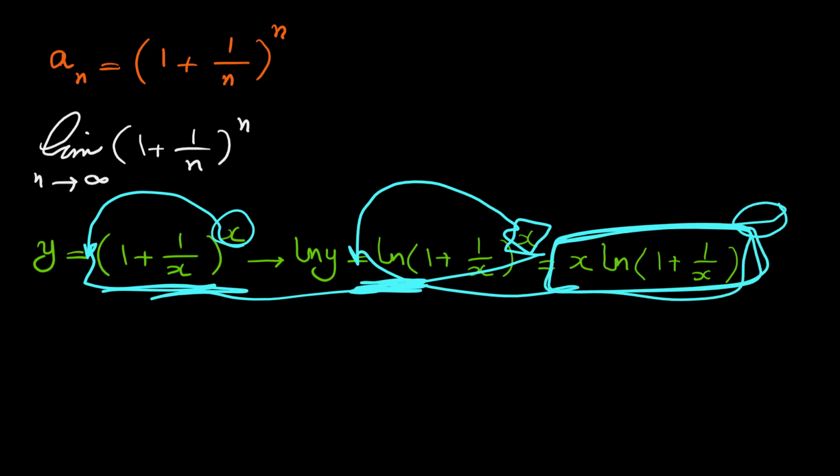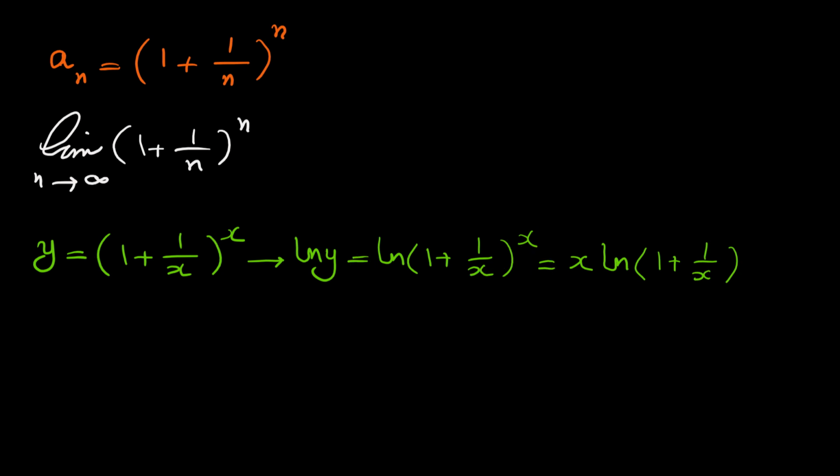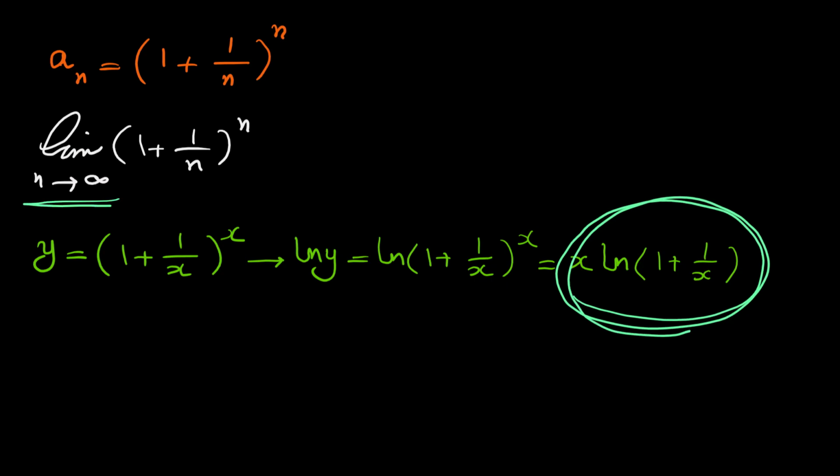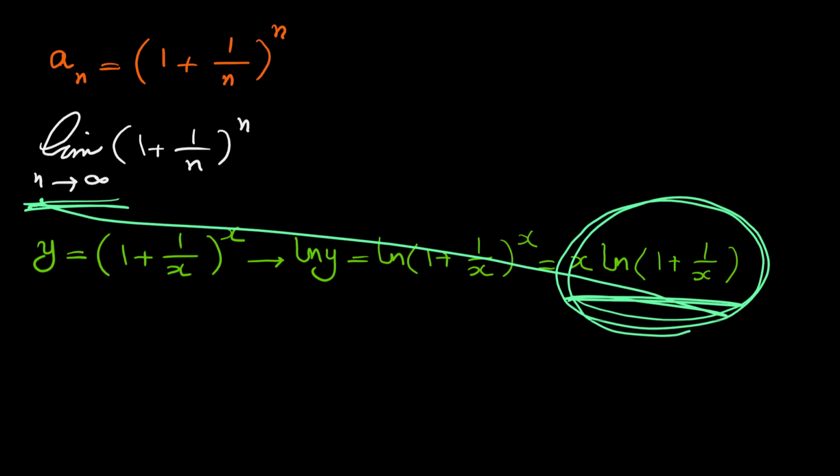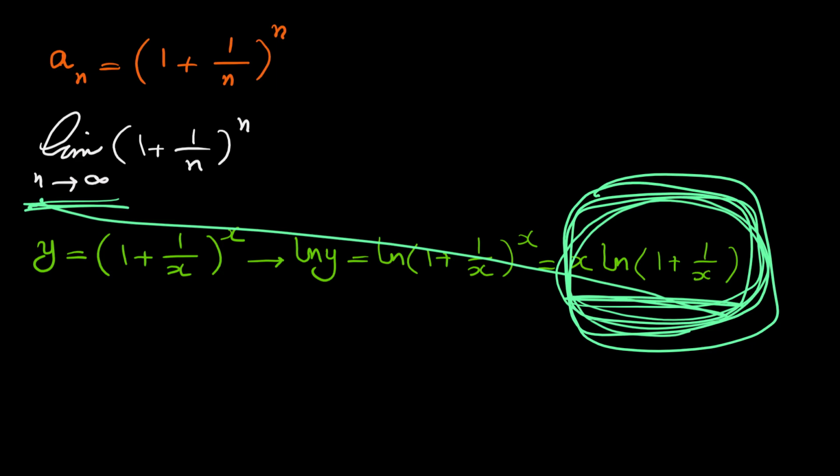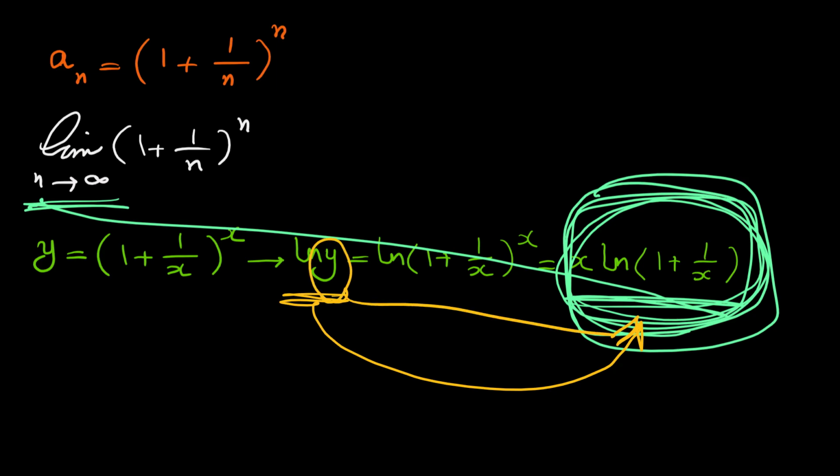We don't have any variable in the exponent. That's the reason behind taking ln. Now we try to find the limit of this expression when x goes to infinity, not n, x goes to infinity. Then after we get the result of the limit of this expression, we say ln of y is this. So we can find y by solving for y.